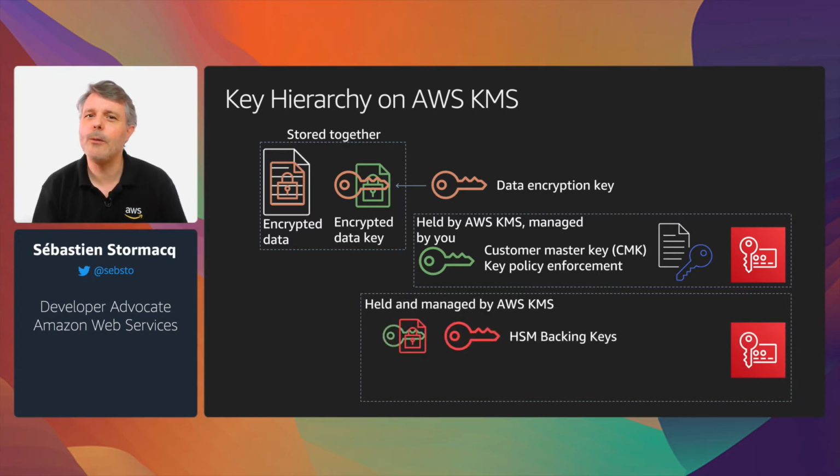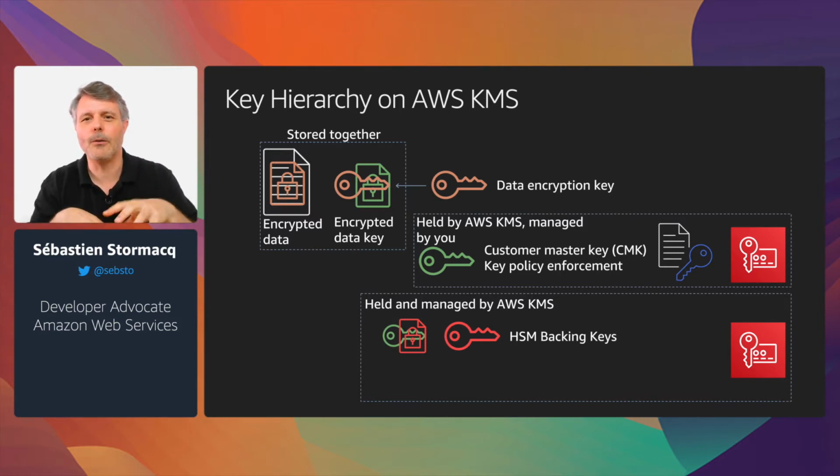You might wonder how we protect your customer master key. Actually, we are protecting it by encrypting it with a service level hardware security module backing key. So inside KMS, we have hardware security modules. You know, these security modules that you cannot physically tamper with. If you try to open them, it destroys the content of the memory.